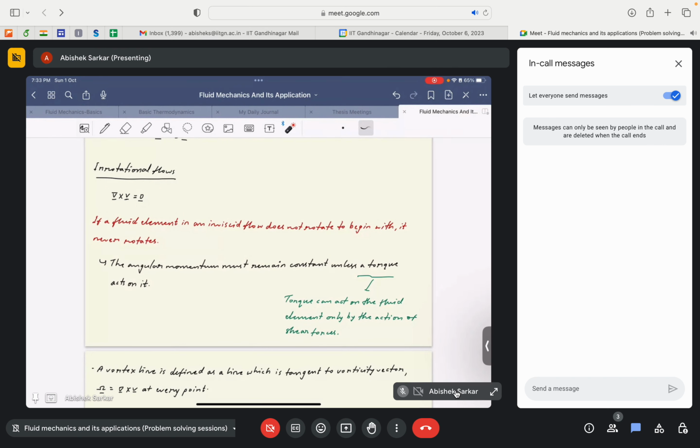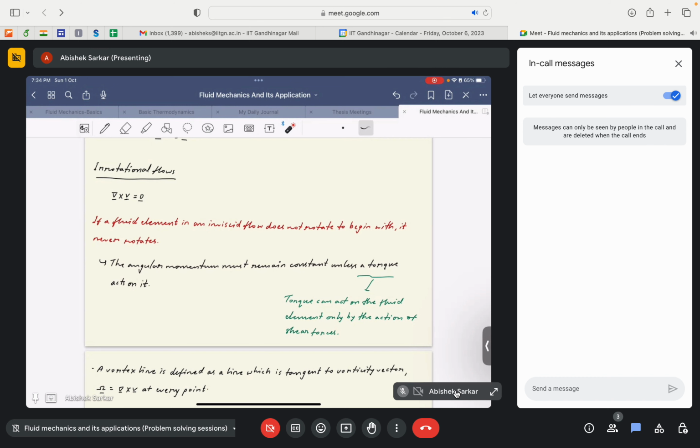It states that if a fluid element in an inviscid flow does not rotate to begin with, it never rotates. It basically means that if the flow is initially irrotational, and the flow is inviscid, it will always remain irrotational. Why? Because we observed in the previous lectures that the presence of a wall is the source of all rotational effects in a flow field.